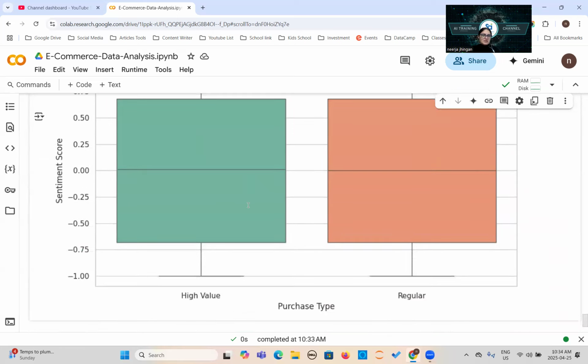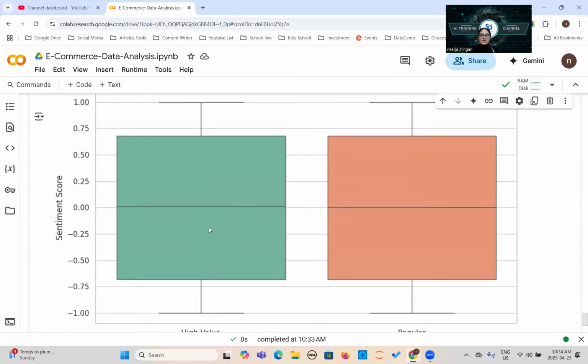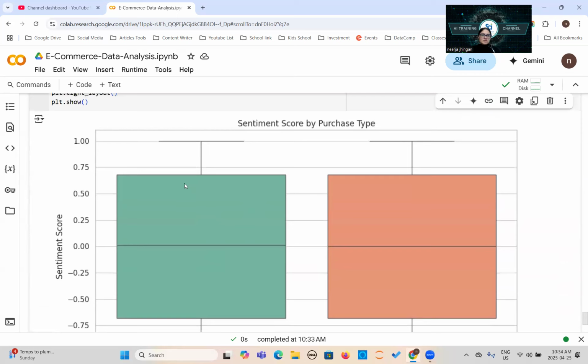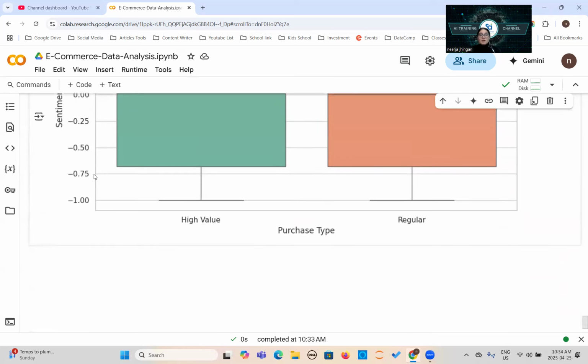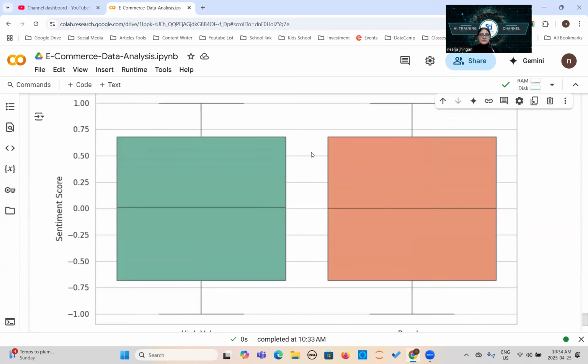So here we have high value and regular value. This is a box plot I have plotted, and here this is the sentiment score. Around 74% of people are spending money on high value purchases, and the regular purchase is between 50 and 75, right?